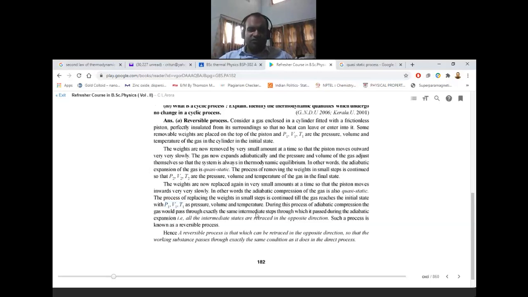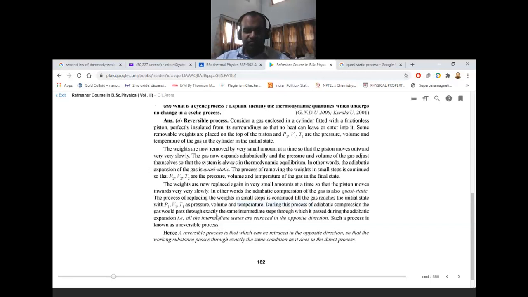During this process, adiabatic compression of the gas would pass through exactly the same intermediate steps through which it passed during the adiabatic expansion. Initially we have done adiabatic expansion by removing the weights, followed by adiabatic compression, very slowly. So the steps involved in adiabatic expansion will be the same as the steps involved in adiabatic compression.